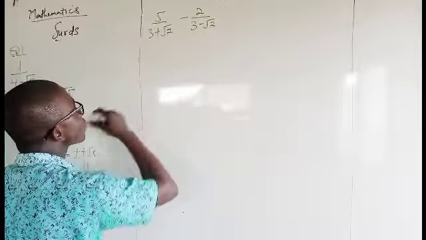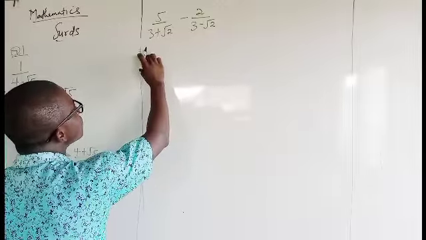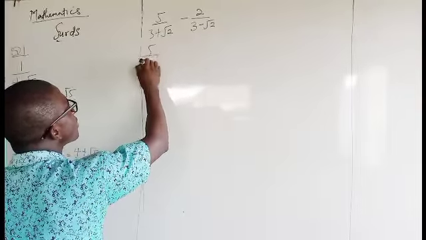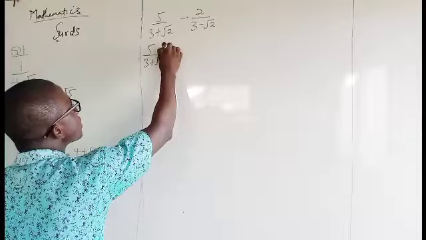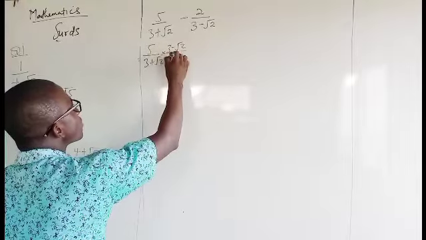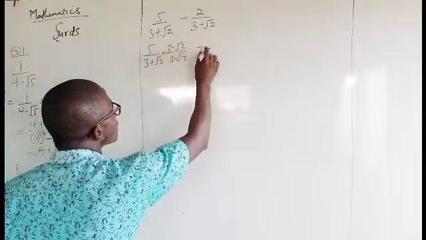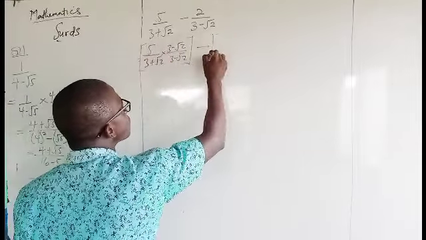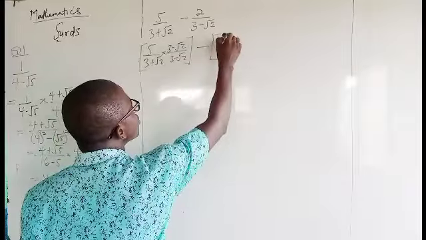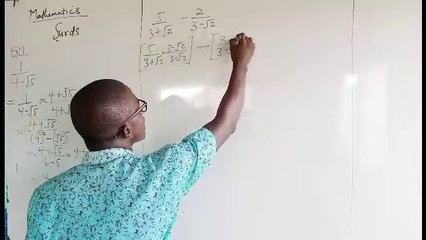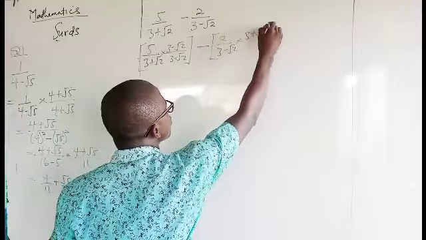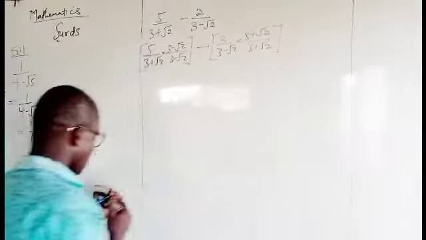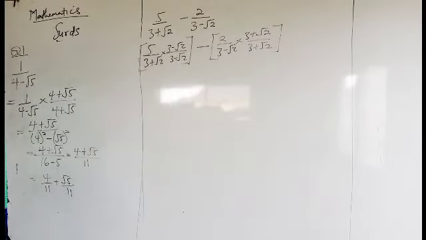So here we'll have 5 over 3 plus root 2 times 3 minus root 2 all over 3 minus root 2. Are you getting it? So this is for the first side. Now let's move to the second side. 2 over 3 minus root 2 times 3 plus root 2 all over 3 plus root 2. So we are multiplying both sides by the conjugate.